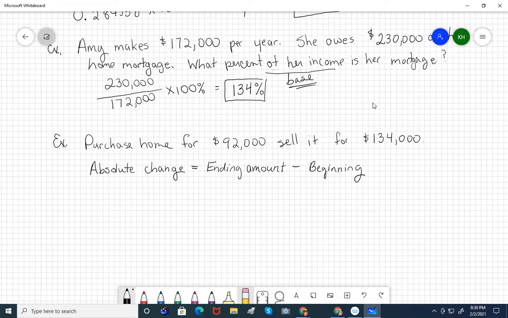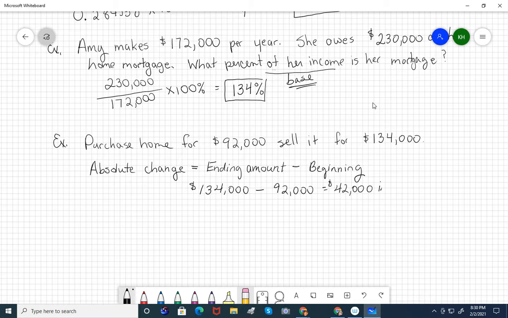It's going to be in plain numbers. 134,000 was the ending amount. 92,000 was the beginning amount. If I do 134 minus 92, that's a $42,000 change.